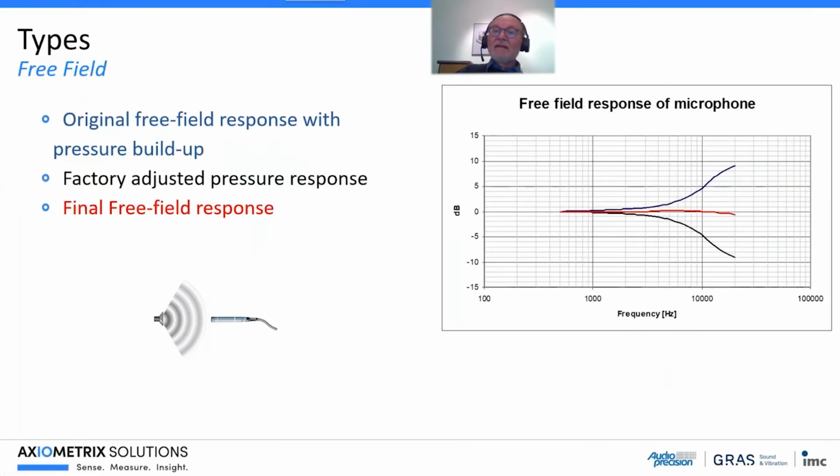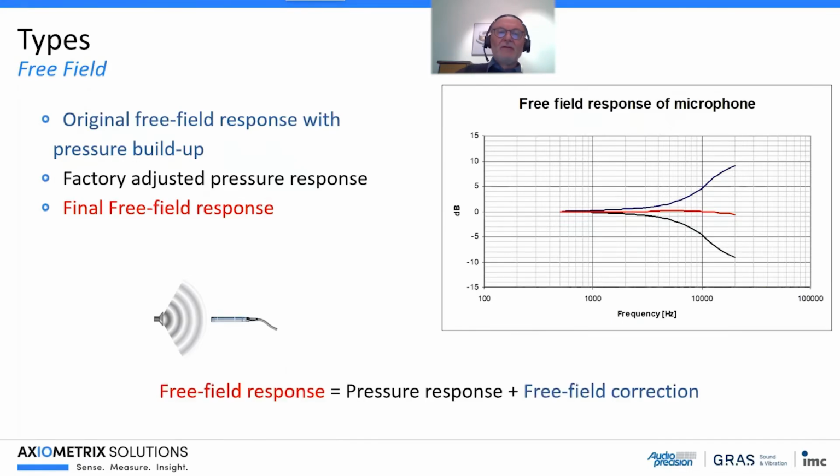It means that the output we will have from the microphone is equal to the red one. It's the free-field response, the output we can measure on the output terminal of the microphone. So the free-field response is equal to the pressure response plus what we call the free-field corrections, the blue curve.